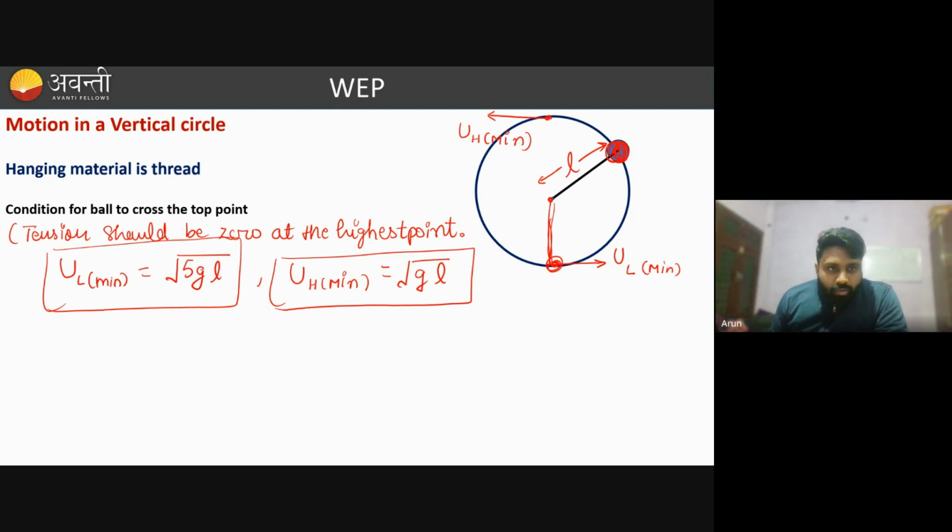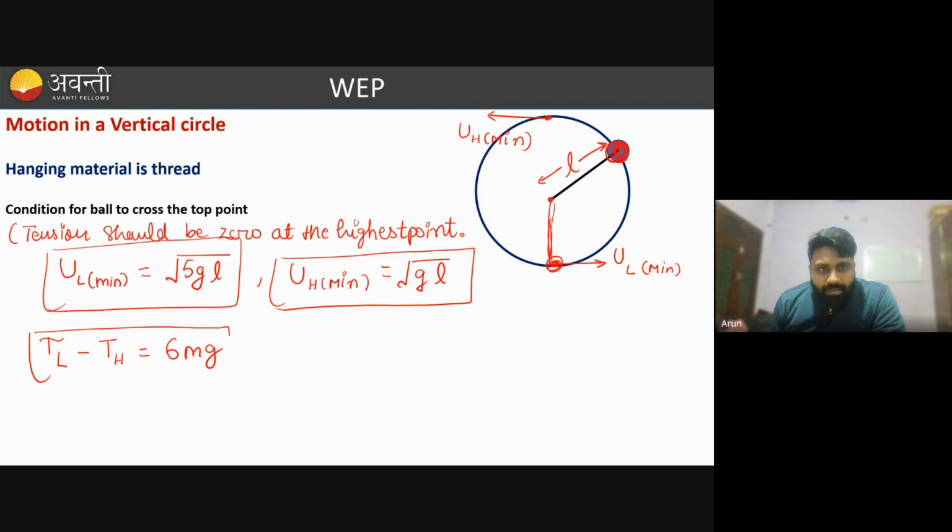Okay. So always remember that the difference, T lowest minus T highest, equals 6 mg.